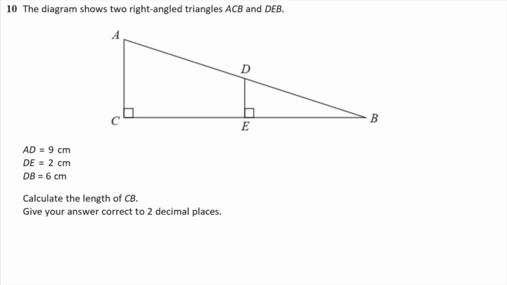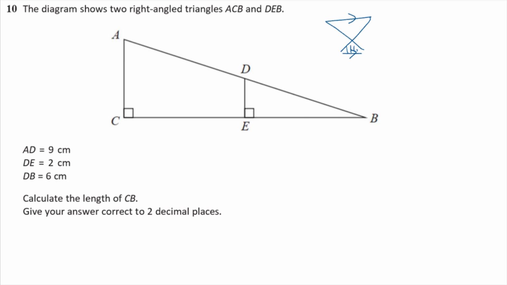Now, it doesn't say it here, but this is a classic similar triangles question. So be on the lookout for this shape. The other one they like is the bow tie one, like this, where you've got two lines parallel to each other, and then lines between them crossing over, forming two triangles.